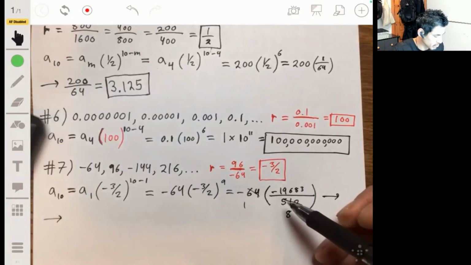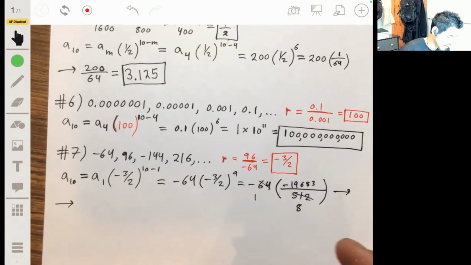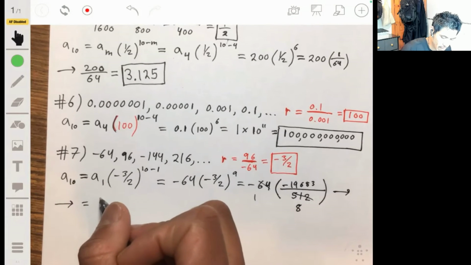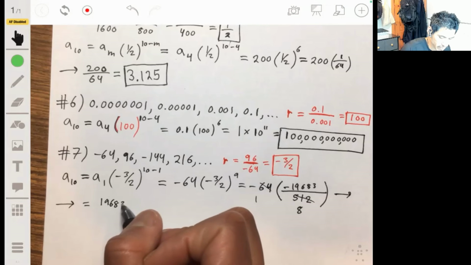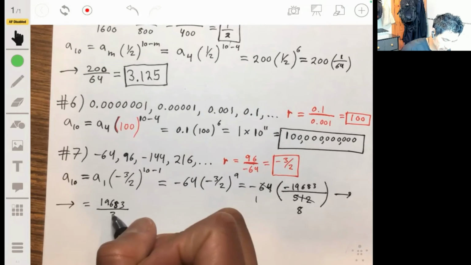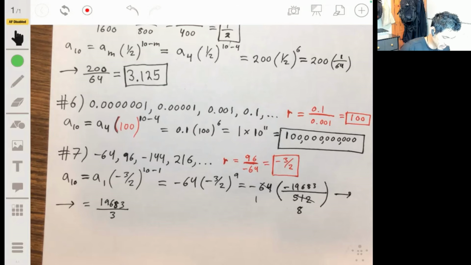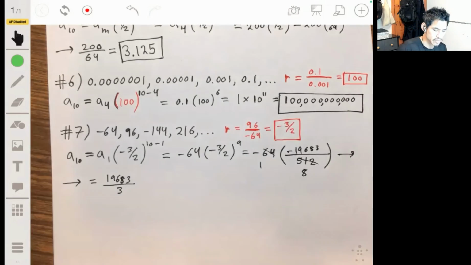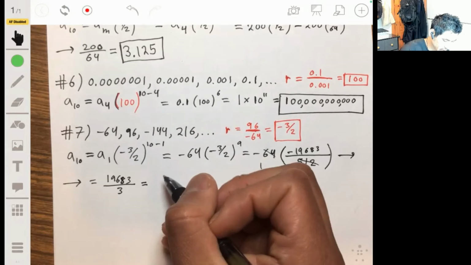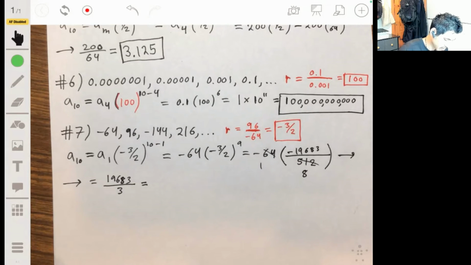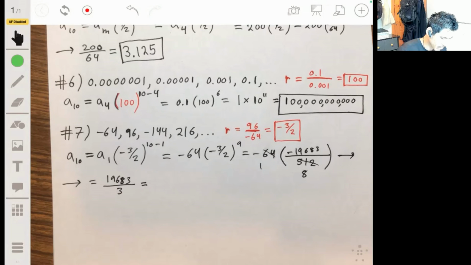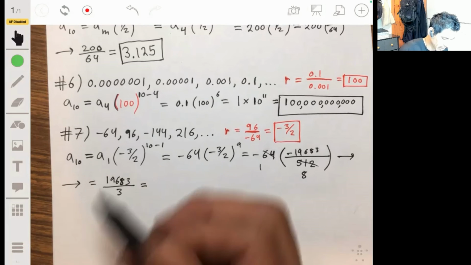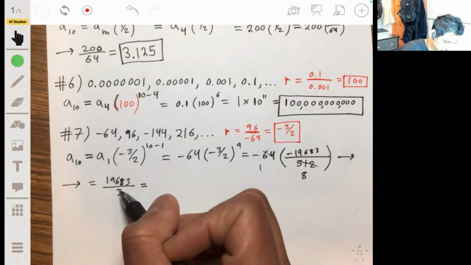So then this ends up being positive 19,683 over 8. You can leave it like that, or you can write it as a decimal. Either case is fine. I don't know why I put that there. I should have put 8. Whoops. 8.